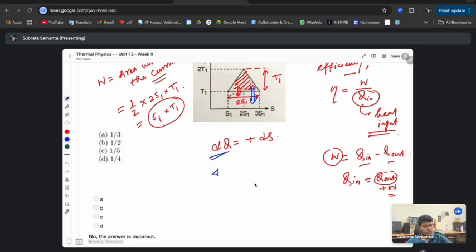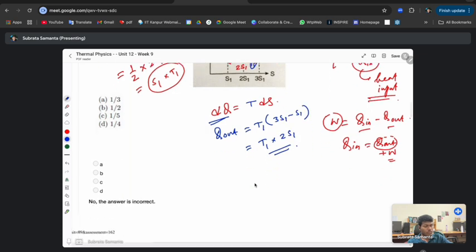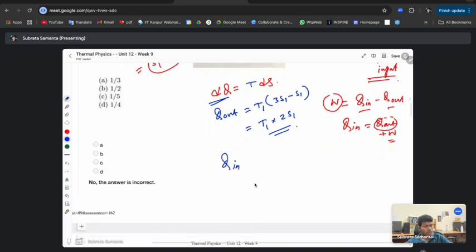So Q out is T1 times delta S, which is T1 times (3S1 minus S1), that is 2 T1 S1.